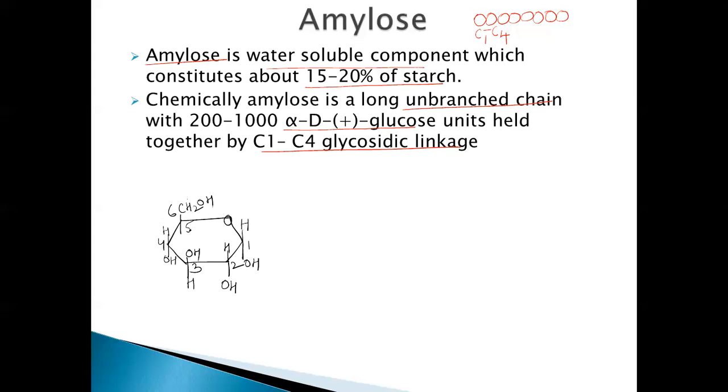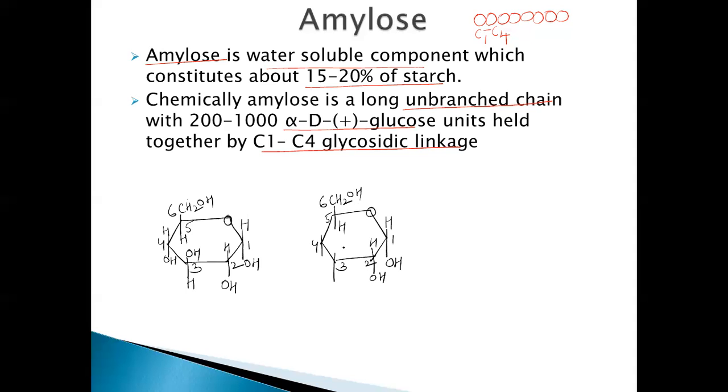This is the structure of one glucose unit. I'm writing the structure of another glucose unit here, again the same thing. Alpha glucose again. This is numbered 1, 2, 3, 4, 5, and 6. The rest I'll fill up.